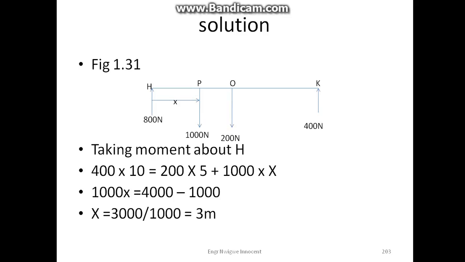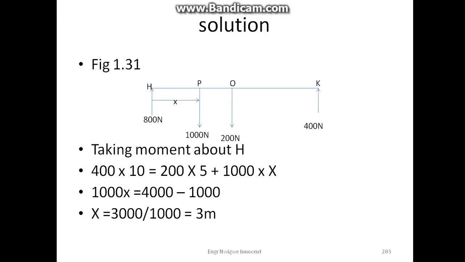Since the reaction is acting upwards, 400 Newton, the reaction at K, times 10, the length of the meter rule, is equal to the weight of the meter rule, 200, times half of its length, which is 5 meters, plus 1000, the weight of the man, times x, which is what we are looking for.